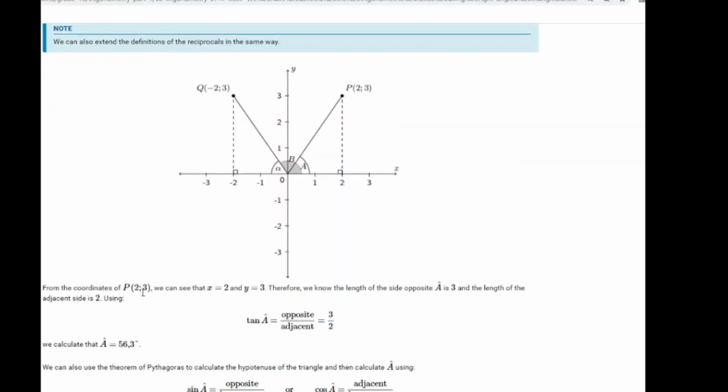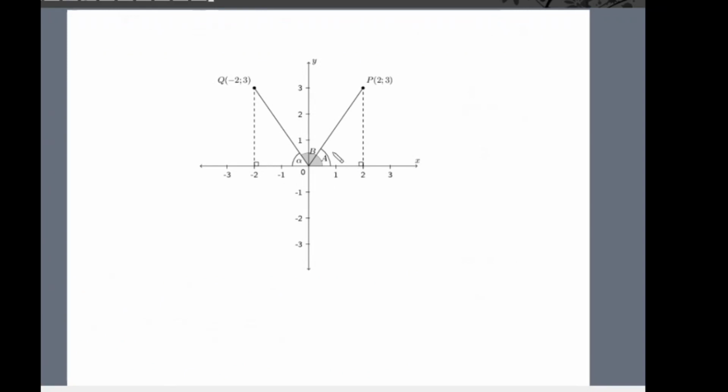From the coordinates of P we can see that x is 2 and y is 3. Therefore the length of the side opposite angle A is 3. Angle A is that one, and the side opposite A is this.